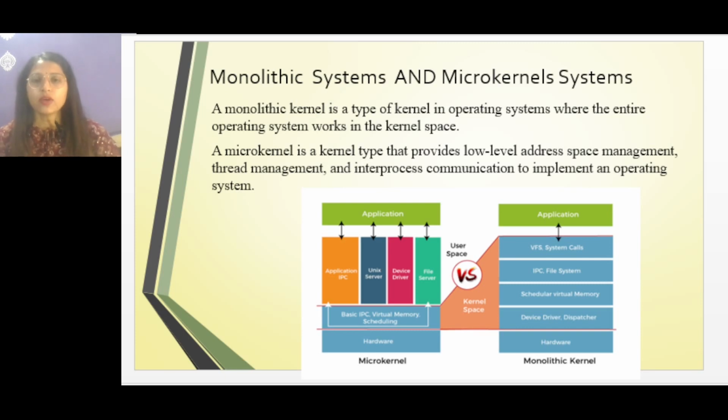And in the microkernel, only the main component works in the kernel space. So the microkernel is a kernel type that provides low-level address space management, thread management, and inter-process communication to implement an operating system. So we'll study in depth.